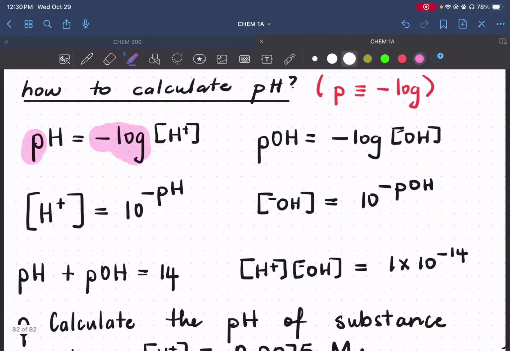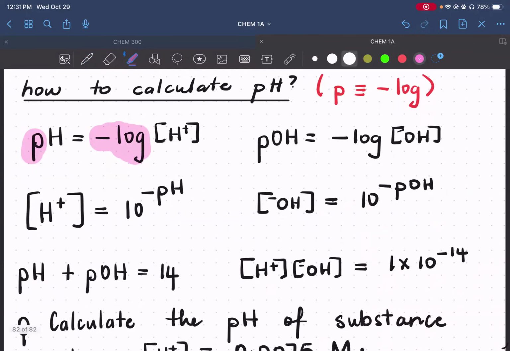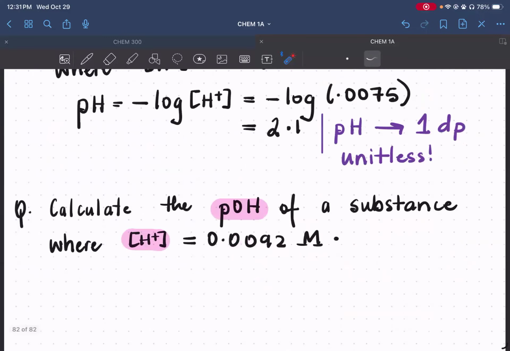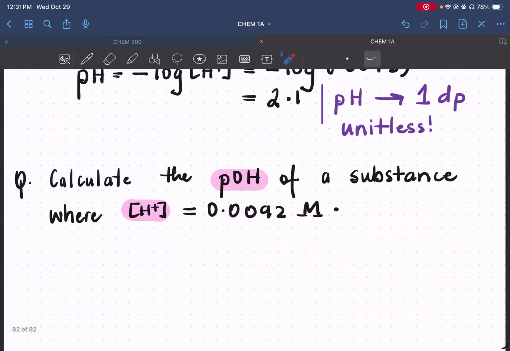If we look at the formulae that we have, there is actually no direct formula that relates pOH and the H plus concentration. There is no single equation that relates the two, but there are multiple. What do I mean by that?